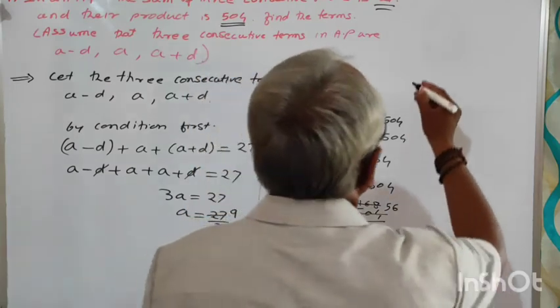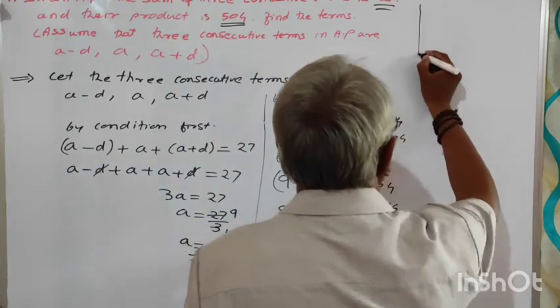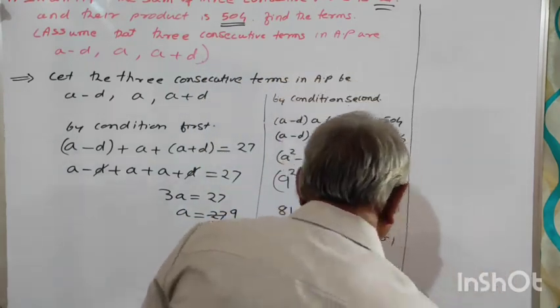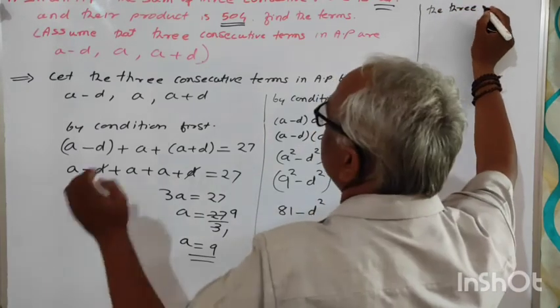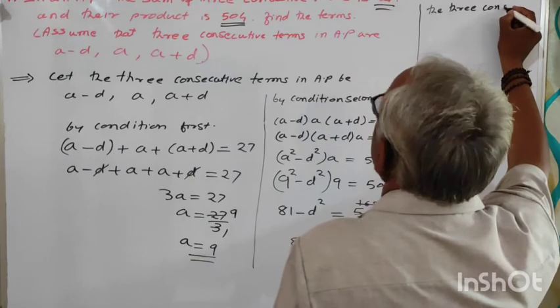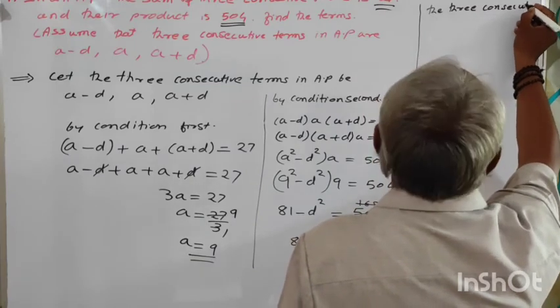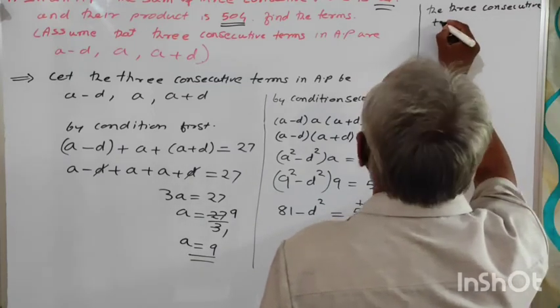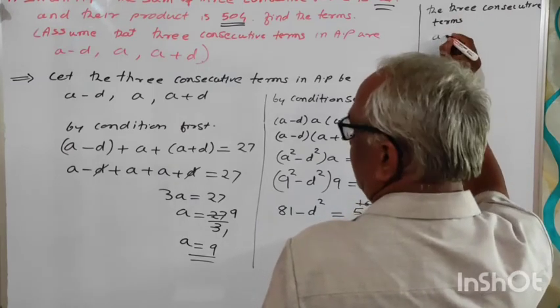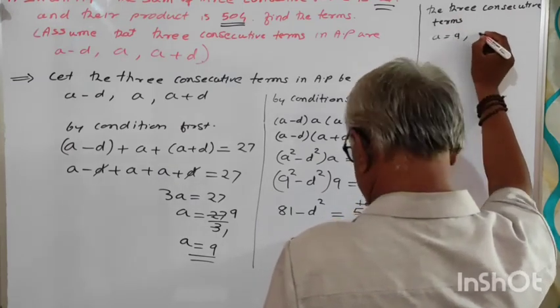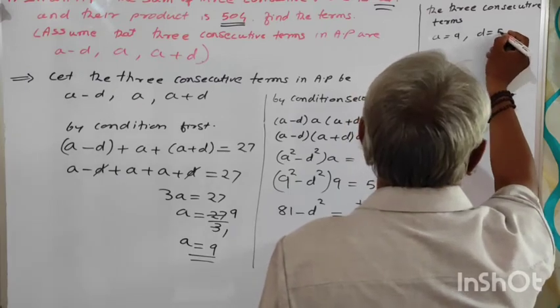Then the three consecutive terms we will now write here. When a is equal to 9 and d is equal to 5, we will take first.